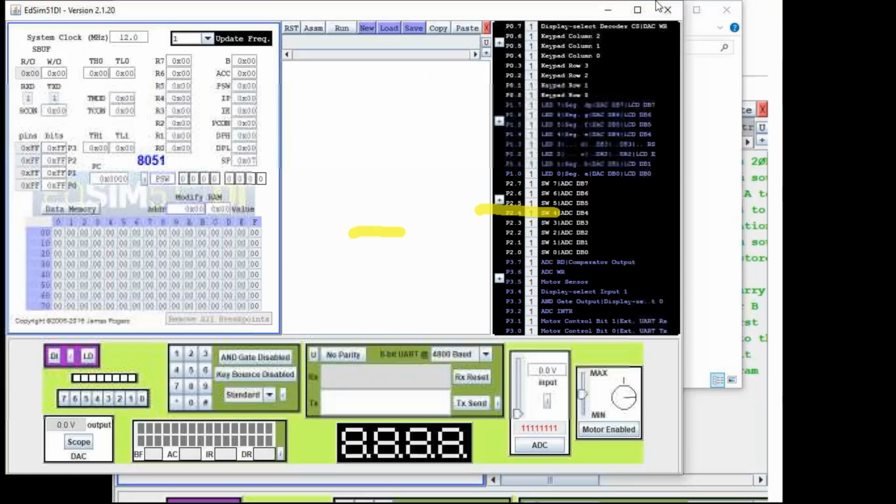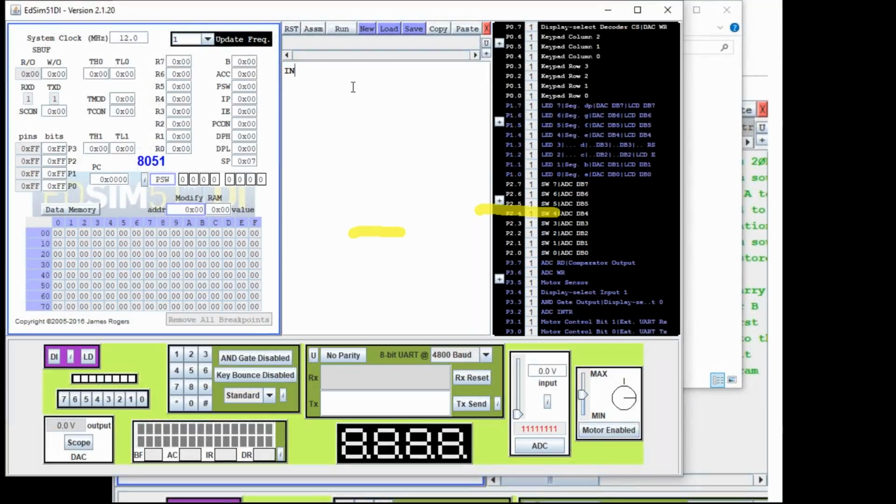So now we will do an increment R0. I will set R0 to be FF. I will run it. If I run, then R0 has become 0, meaning that when it increments R0, FF plus 1 becomes 0. Hope that is explanatory.